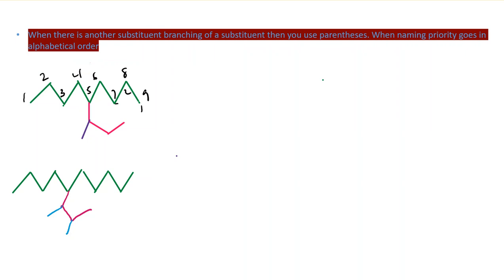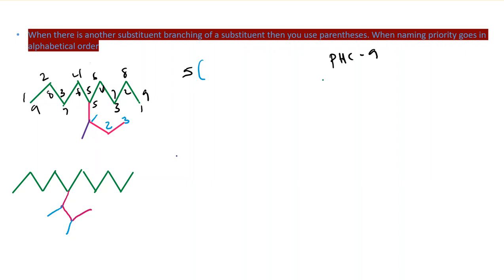We go 1, 2, 3, 4, 5, 6, 7, 8, 9. So our substituent is branching off of carbon number 5, and our pHC is 9. So on carbon number 5, I'm going to use a different color. We have a 1, 2, 3, which is a propane branching off of carbon number 5.